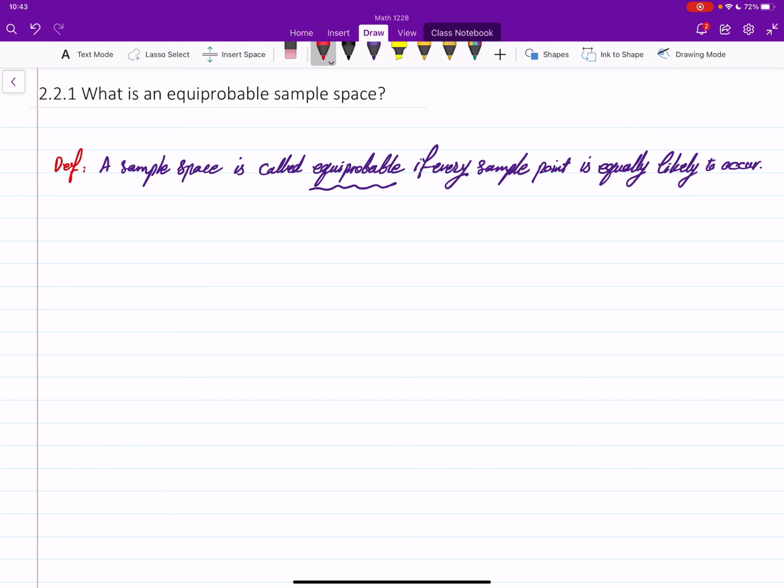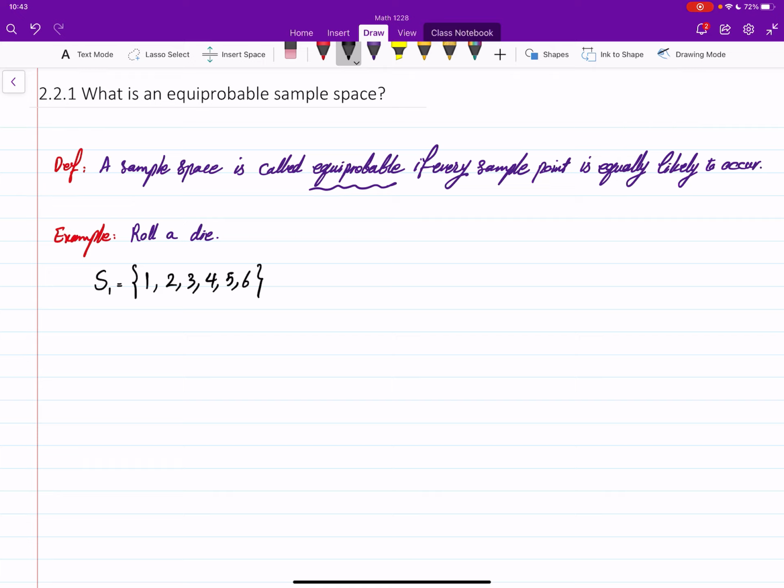equiprobable sample spaces. Okay, let me start with the experiment of rolling a die. You know that we can have different sample spaces. For example, one of the sample spaces that we learned to work with is 1, 2, 3, the list of the numbers that come up when you roll the die.